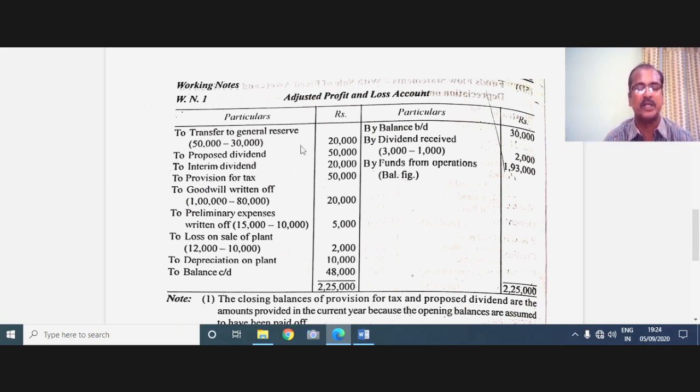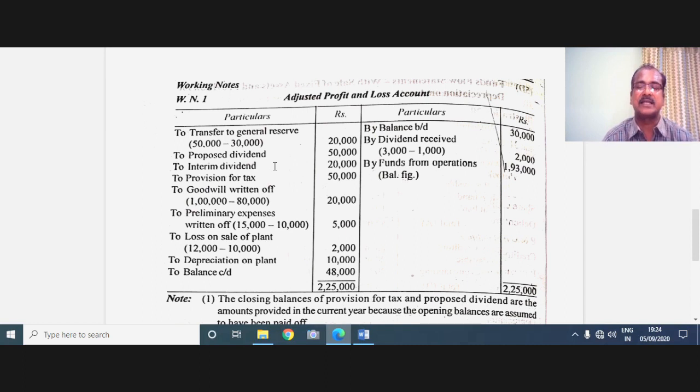So again, it has been reversed because it's a non-operating item. Then the current year proposed dividend should have been appropriated out of current year profit, which is a non-operating item, again reversed. Then interim dividend has been paid, amounting to 20,000 this year. If it is not provided in the P&L account, it will not be paid. So it should have been provided, and that is also a non-operating item reversed here.